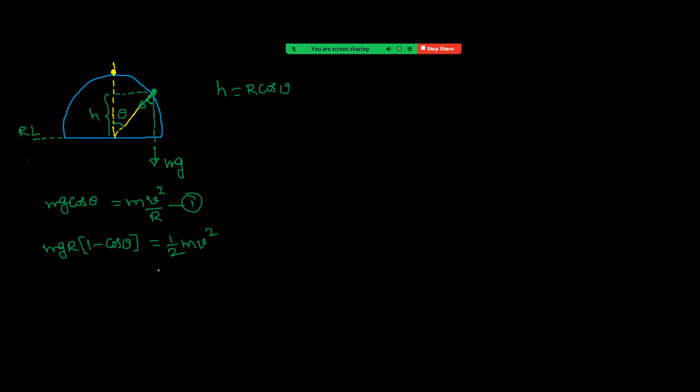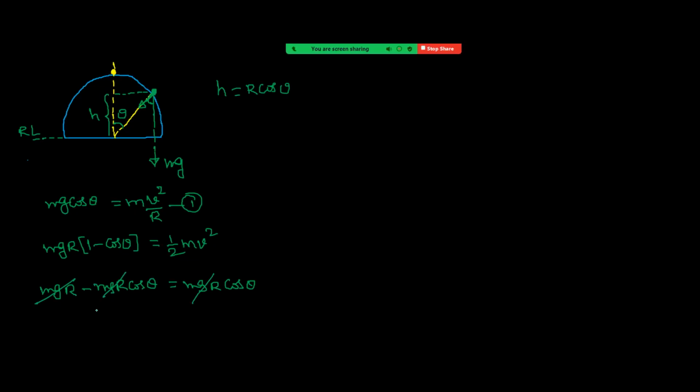In place of mv square, I can write mgr cos theta. So mgr minus mgr cos theta is equal to, in place of mv square, mgr cos theta, from equation 1, by 2. First of all, you can cancel mgr.